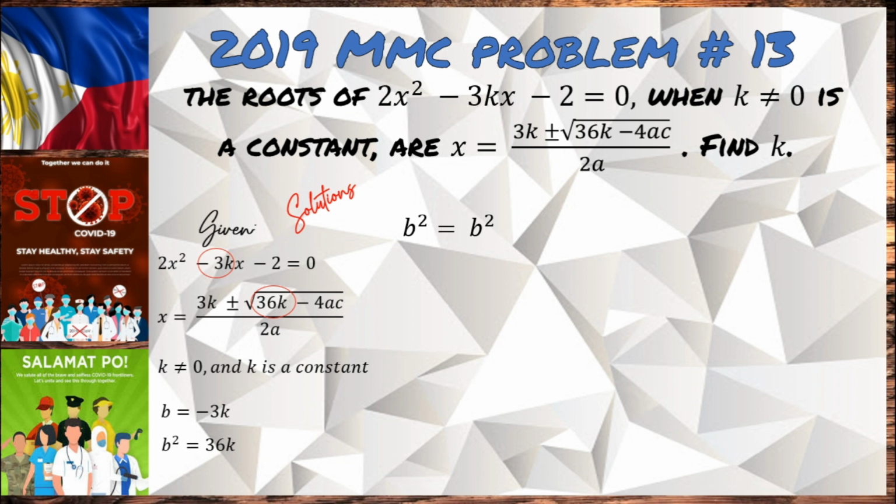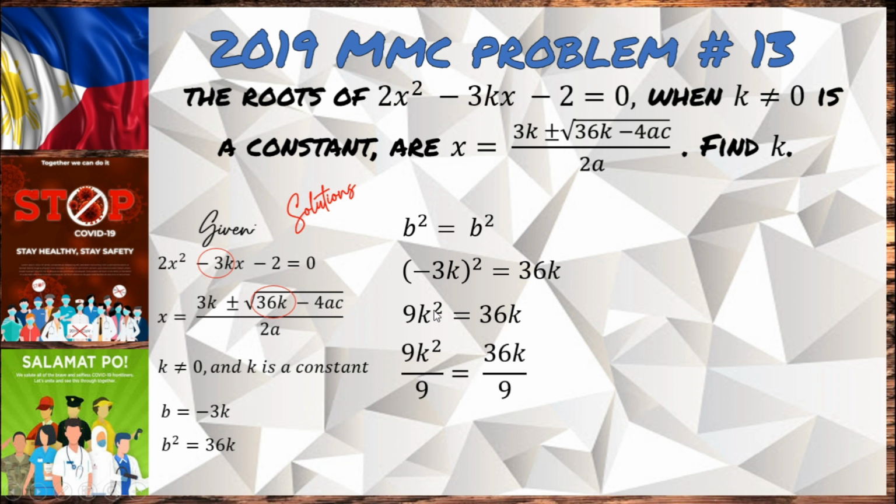Okay, to continue, we can substitute the value of b, which is negative 3k raised to the power of 2, is equal to the value of b squared, which is 36k. Simplifying this further, negative 3k to the power of 2 is 9k squared, is equal to 36k.